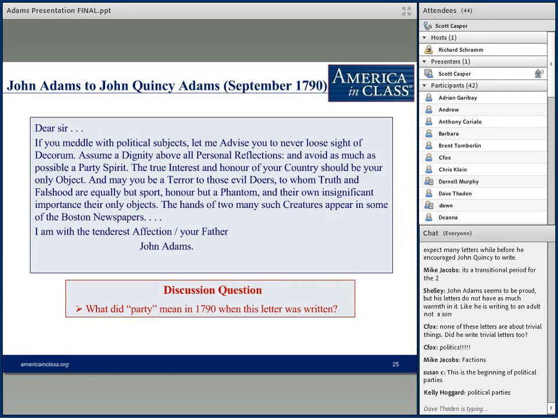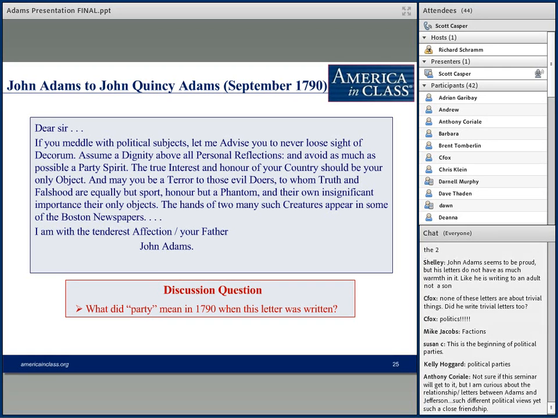Today, we think about Democrats versus Republicans. We think about political parties as pretty much a standard feature of our political life. In 1789, 1790, things were quite different. And so when Adams contrasts a party spirit with the true interest and honor of your country, that's more typical.